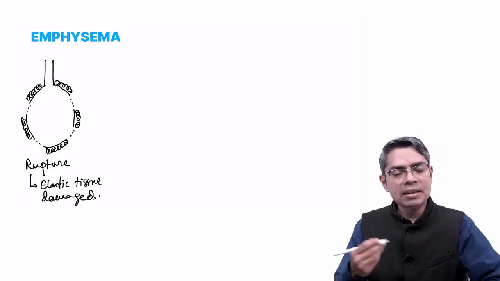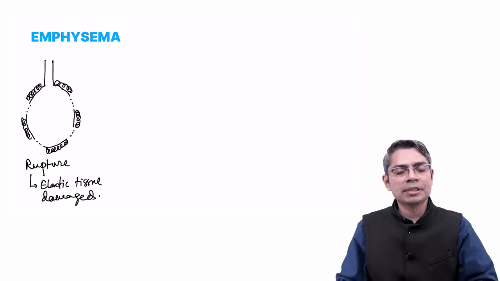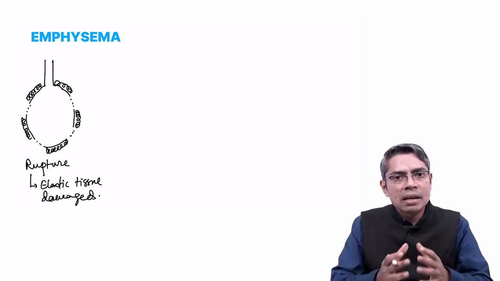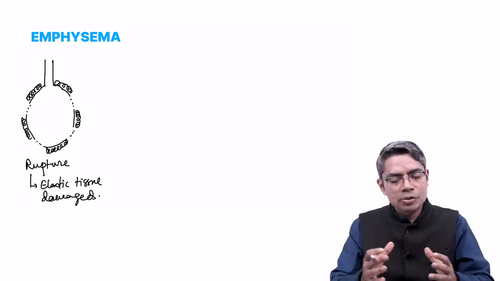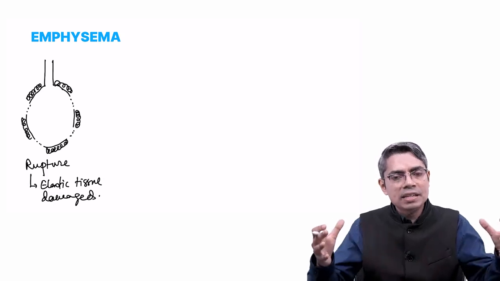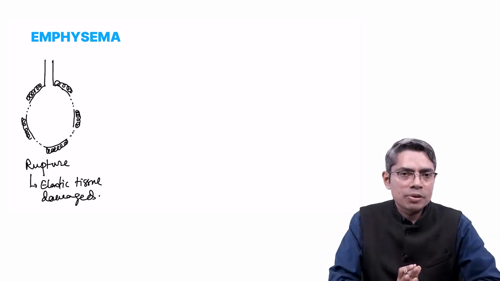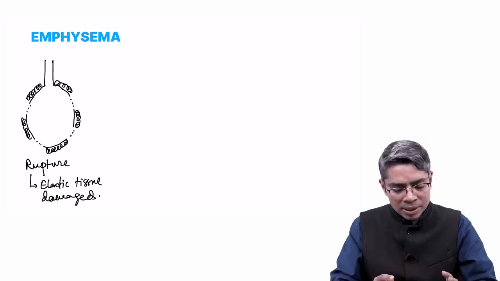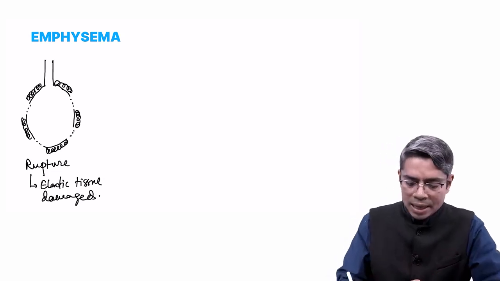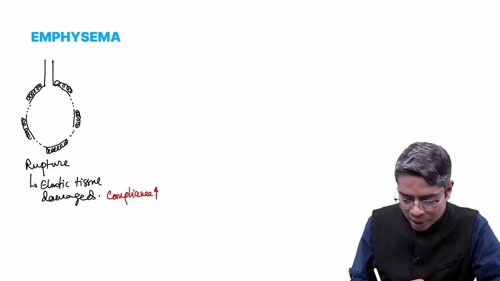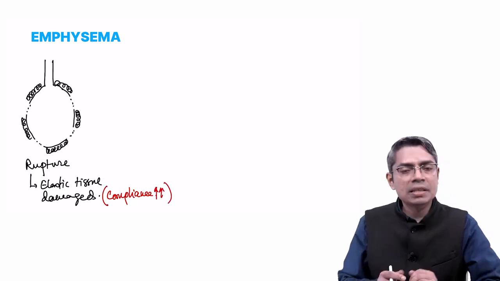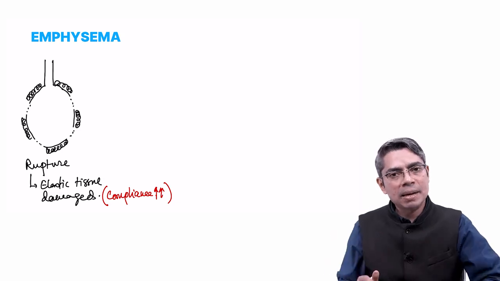Now whenever the elastic tissue surrounding the lungs is damaged, the lungs will be easily expansile, because the elastic tissue opposes the expansion of the lung. So whenever the elastic tissue is damaged, the compliance of the lung in emphysema will be increased. The compliance chapter is separately there. Compliance increase means the lung is easily expansile.